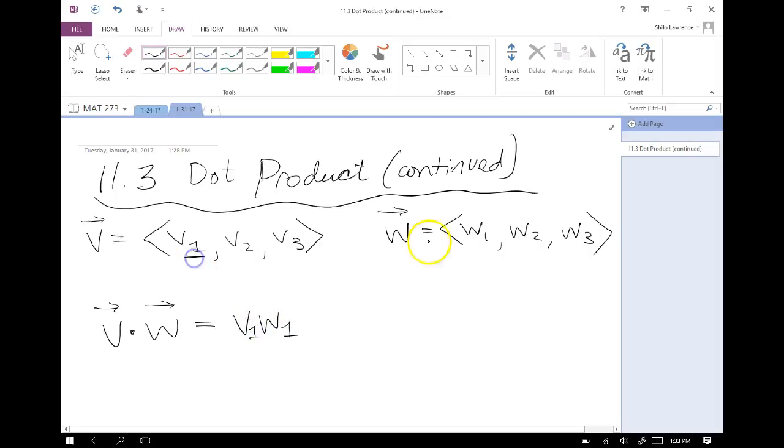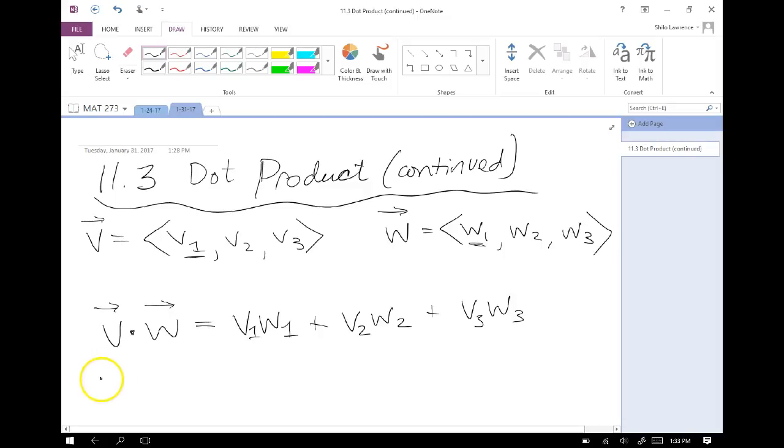So v1 times w1, both of those are x components, so we can multiply them together. And then v2 times w2, v3 times w3, and then we add the three products together. And this answer is no longer a vector. Even though two vectors went into the calculation, what comes out is a scalar.